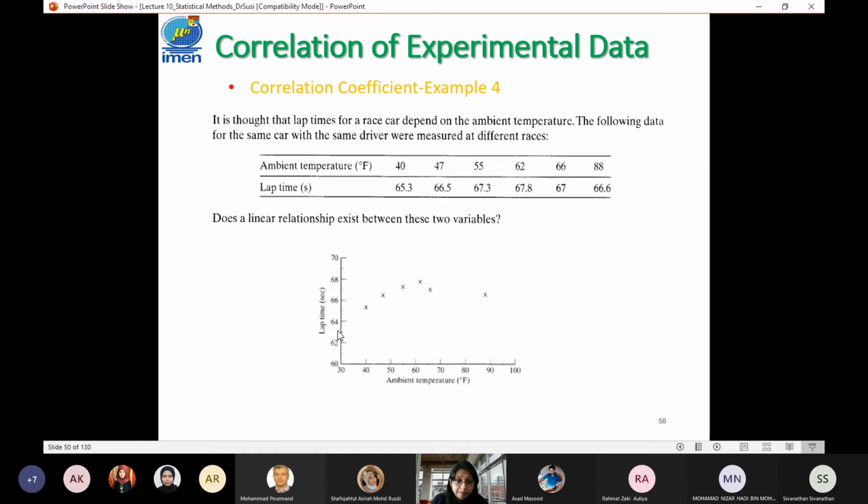So is this linear or not? Asad, is this linear or not? Up to 60 Fahrenheit it's linear, and then not linear. If you get such a figure, what do you do?